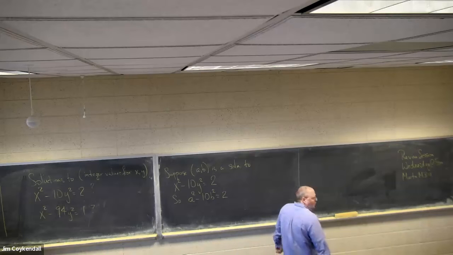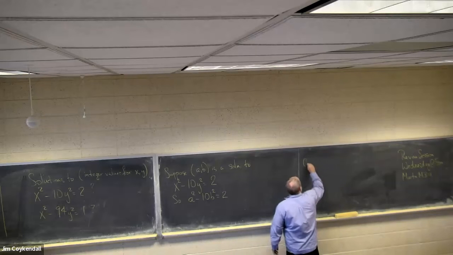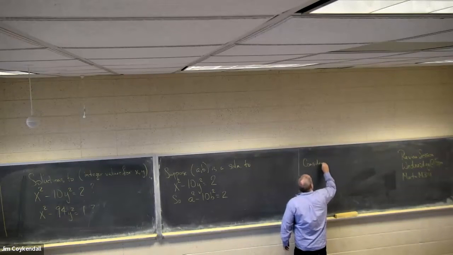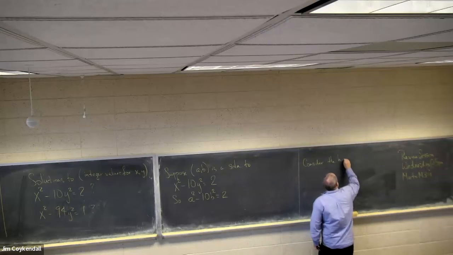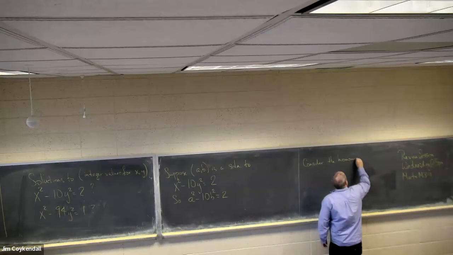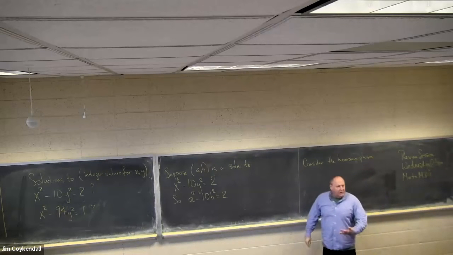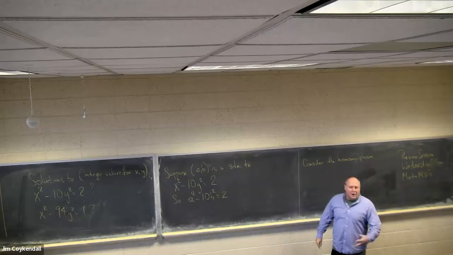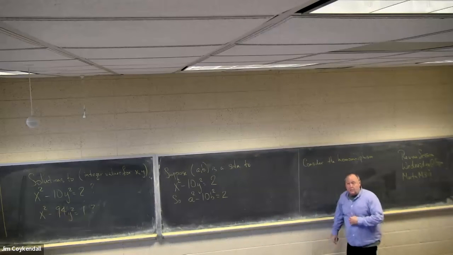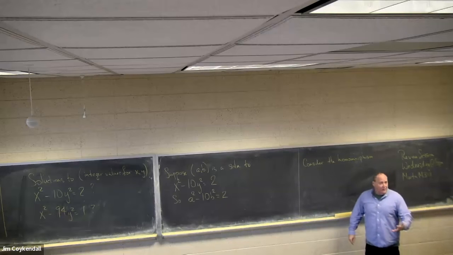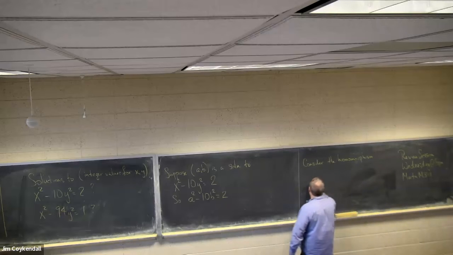Well, consider the homomorphism. What I'm doing essentially is modular arithmetic, which depending on your background, you may already have some familiarity with. But really this is following a homomorphism.